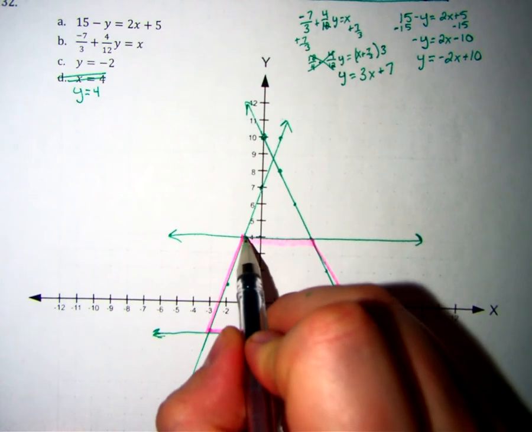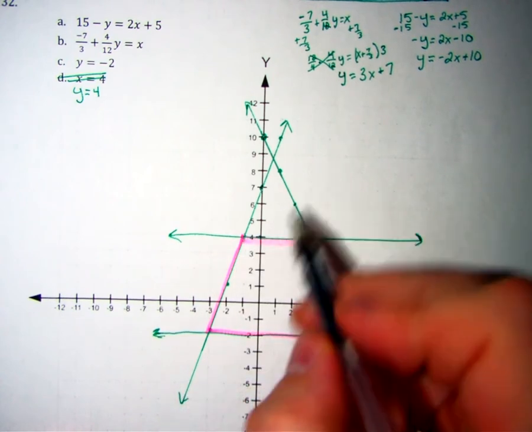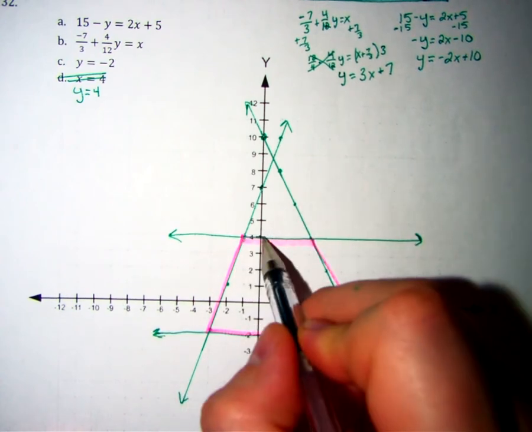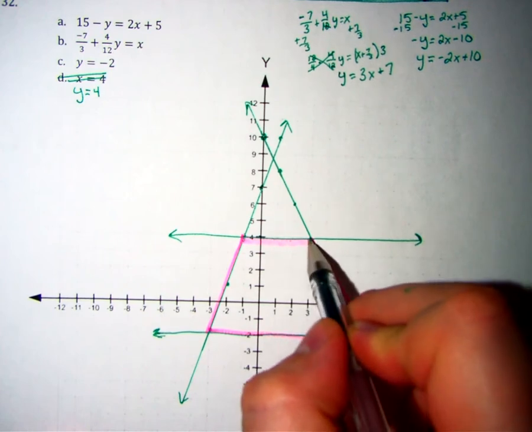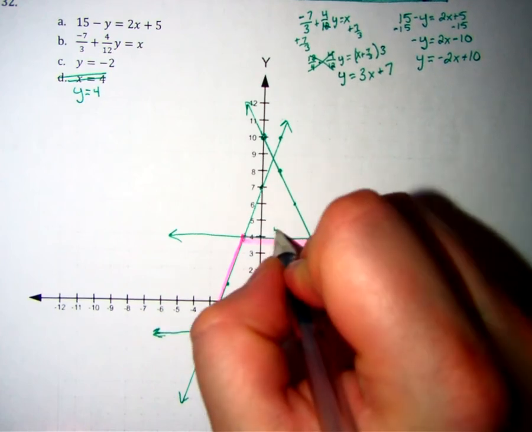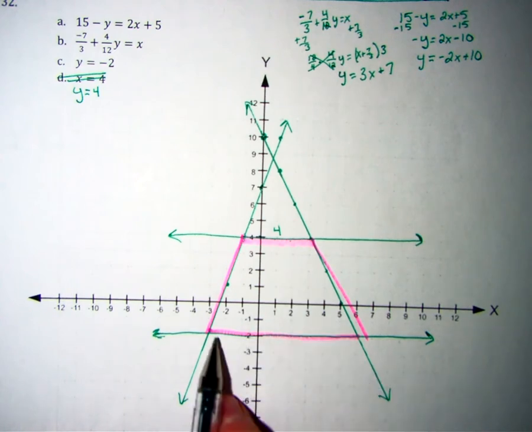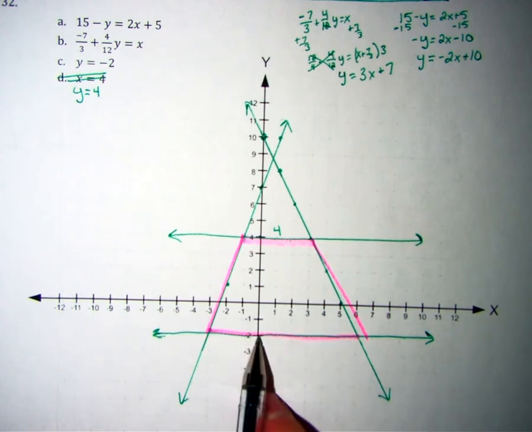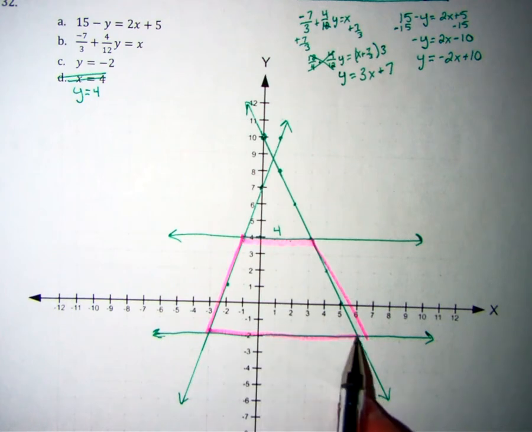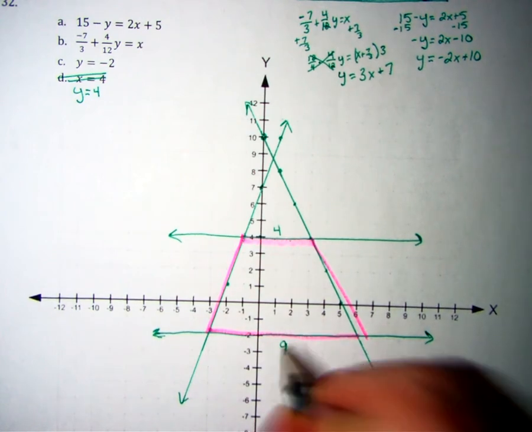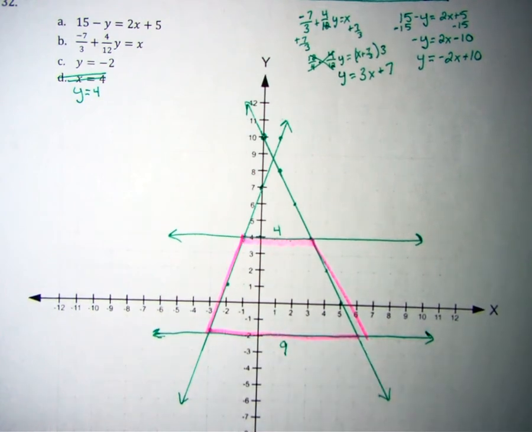We're going to need to get our values from our coordinate plane. So I'm going to start with finding my base. That's 1 unit, 2 units, 3 units, 4 units. So this line is 4 units long. We come down here and that's 3 units plus 6 units. This line down here is 9 units long.